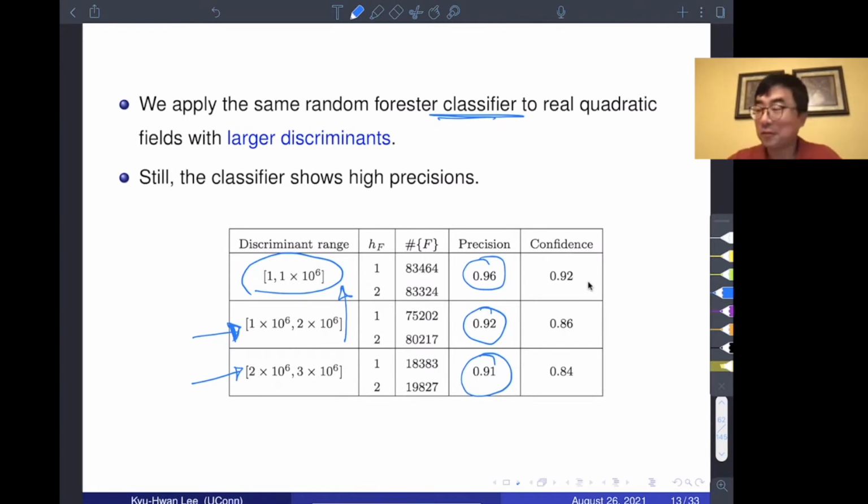I have to look at the LMFDB, but right now I don't know. But there is a good document about the use of this discriminant and other things. So to make sure, I have to look at the LMFDB. Okay, thank you. I'm sorry that I don't have the answer right now, but I'll check.